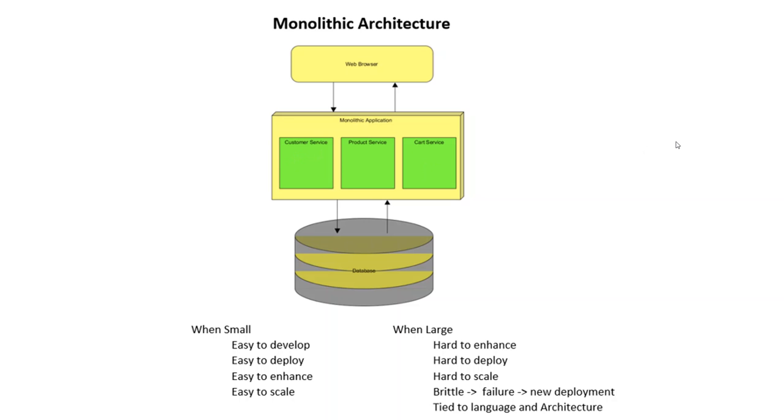So what you have to do is run the entire unit test code base and do a complete application test to be as sure as possible that you have not broken anything before putting this into production. You're also tied to one language and one architecture. These are disadvantages of a monolithic architecture, and also the driving forces for why microservices came about.